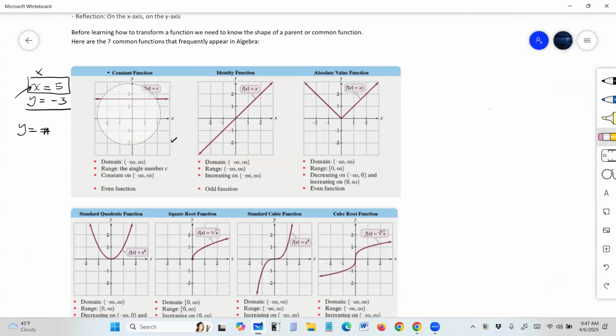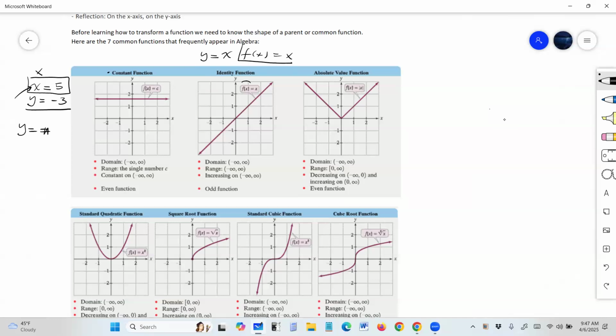Okay, identity function. The identity function is a line. Okay, so this is the usual format, and you know it from a previous course. Let's say 2x plus 3 or x minus 7. Or if we're just dealing with the basic identity function, no transformations attached, it would just look like this. y equals x, or as you see here, f of x equals x.